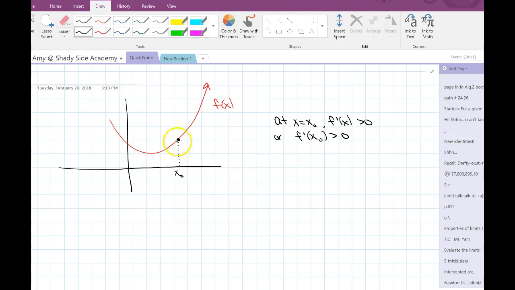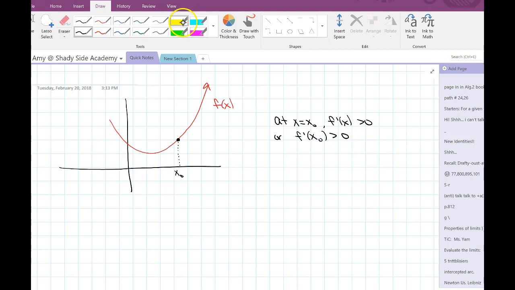What I've drawn right here is the red function, f of x, and sure, you can go ahead and imagine this is a quadratic, it's a parabola, okay? And I wrote here, at x equals x naught, f prime of x is positive, or I could have written this statement succinctly by saying f prime of x naught is positive, all right?